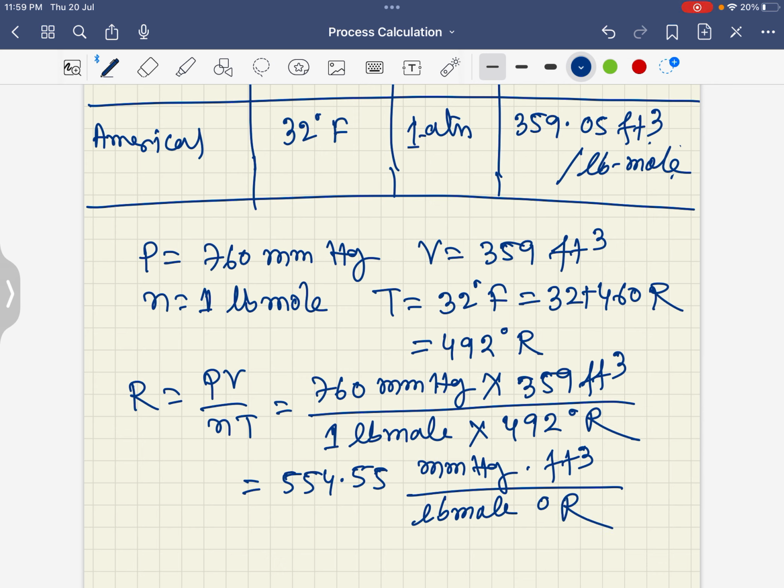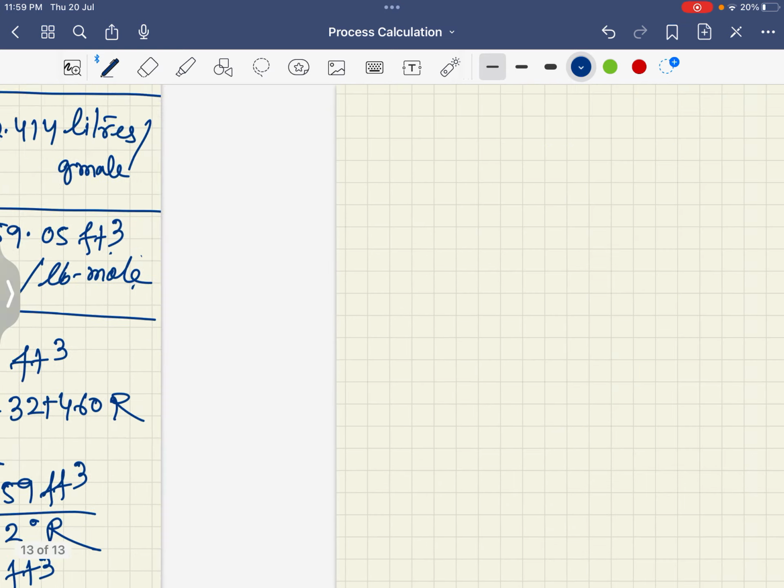So that unit is different. Okay, so that we can calculate.